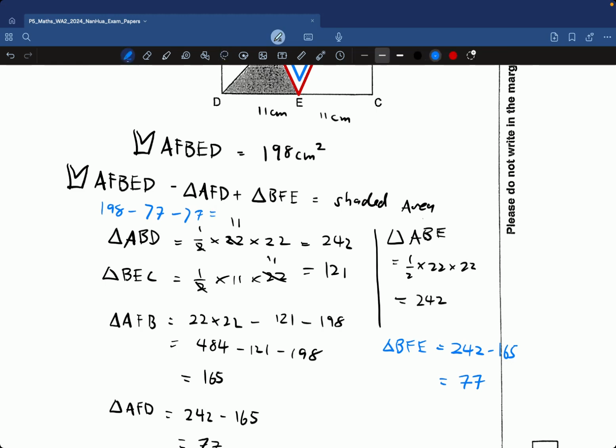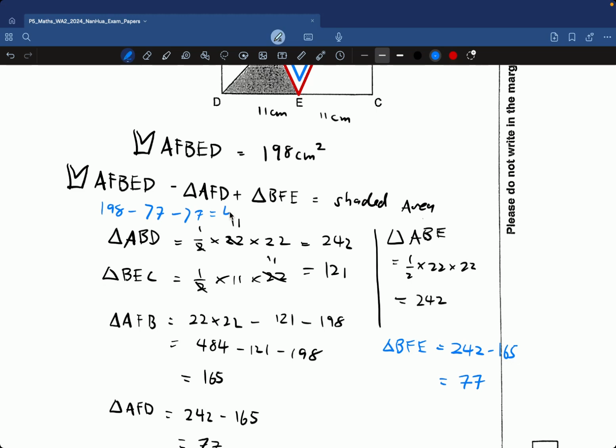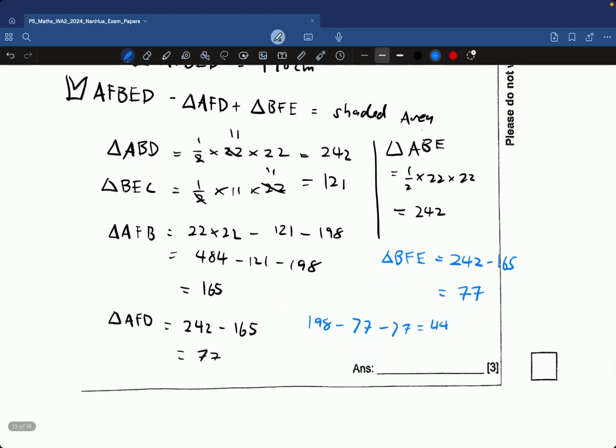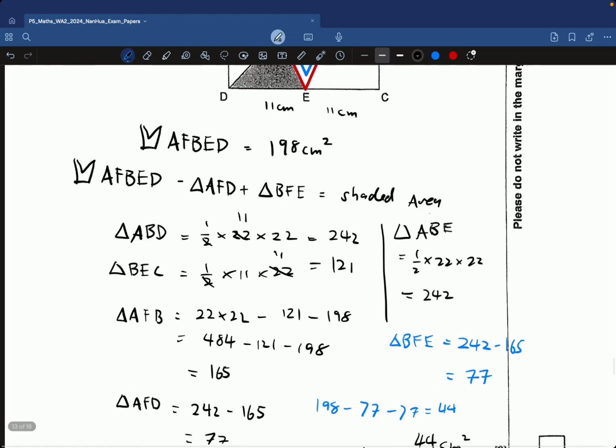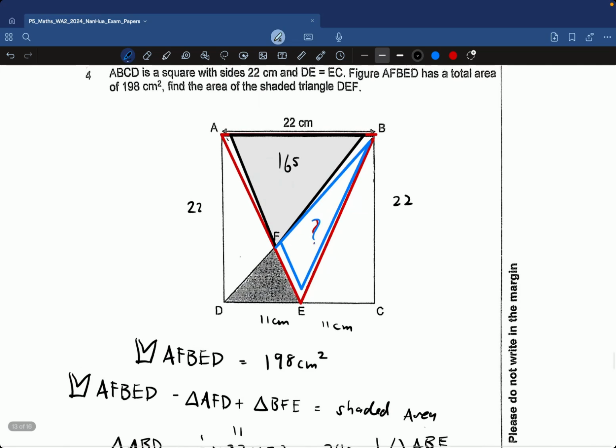So 198 minus 77 minus 77, and this gives us 44. So the answer to the shaded area is 44 centimeter square. Whew, that's a lot, right? Yeah. So this is one part of the answer over here.